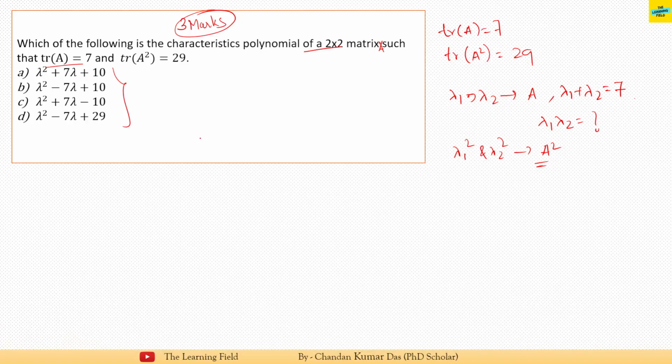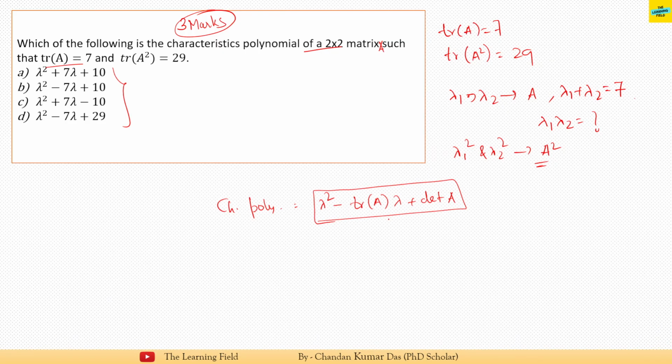Now how can we find it? We know the general form of the characteristic polynomial for a 2 by 2 matrix is lambda square minus trace of A into lambda plus determinant of A. This is the characteristic polynomial, we all know that.